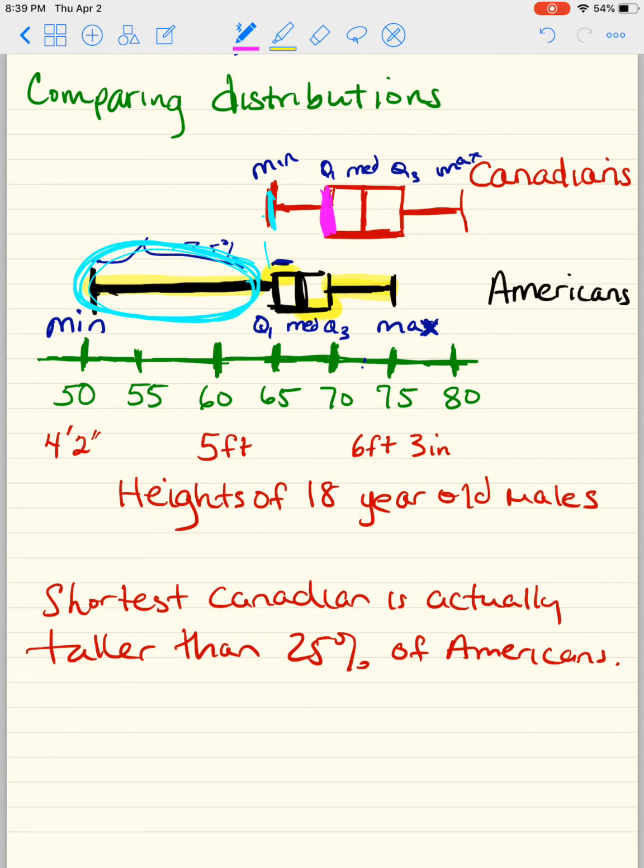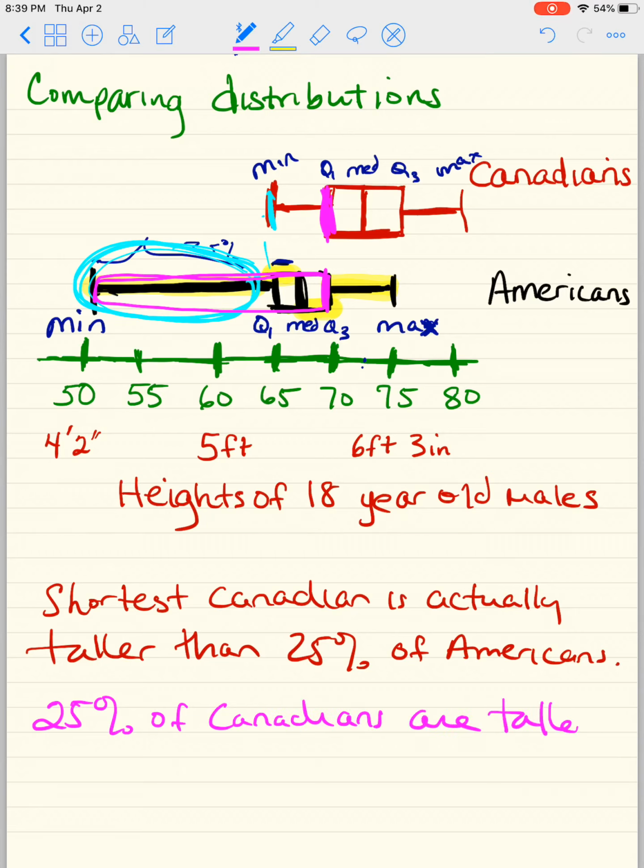This person is actually taller than all of this. You guys see that? So we see that 25% of Canadians are taller than 75% of Americans.